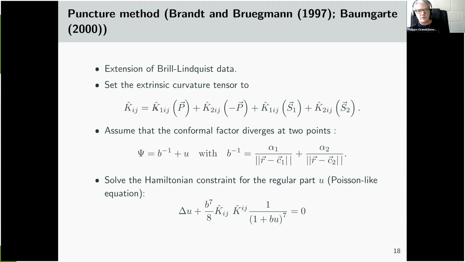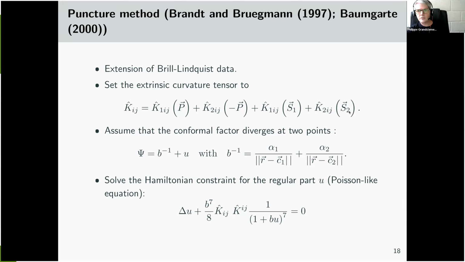So you see that black hole 1 and black hole 2 have both linear momentum, and you enforce that they are moving in opposite directions. I don't know if you see my face, but the two black holes are moving like that, as if they are on a circle, if you want.